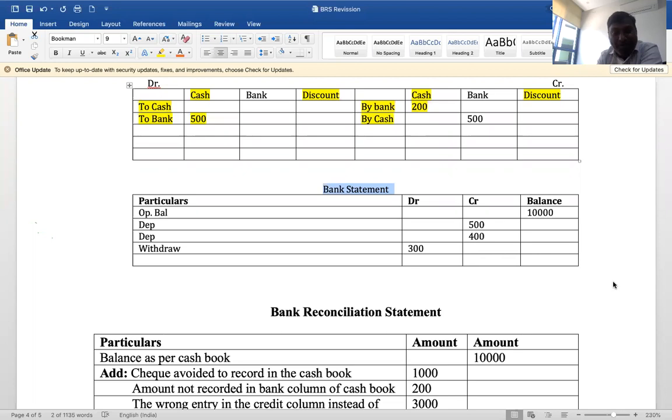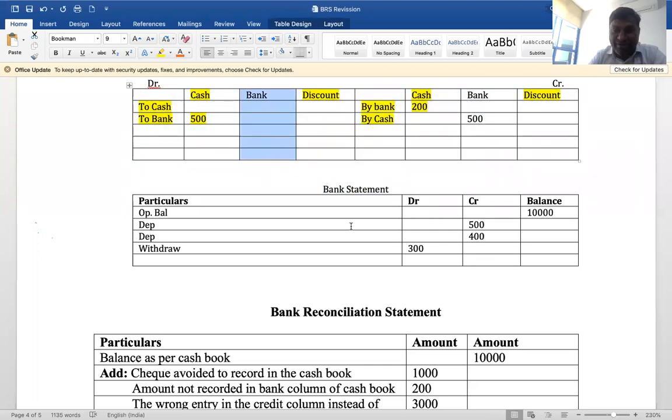Sir, but we made a mistake in the cash column only, right, sir? Let it be. Our concern is why it is not recorded in the bank column. Is it BRS or something else? It is bank reconciliation statement. It is not cash and bank reconciliation statement. So you only care about the things which go into the bank statement, not about the cash. Okay, look at this.